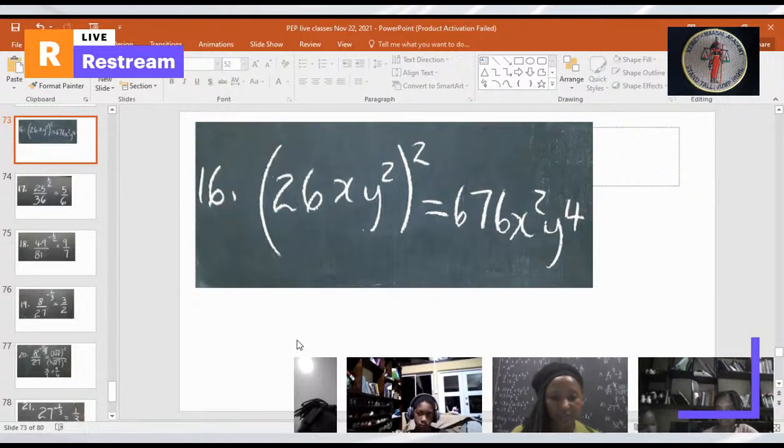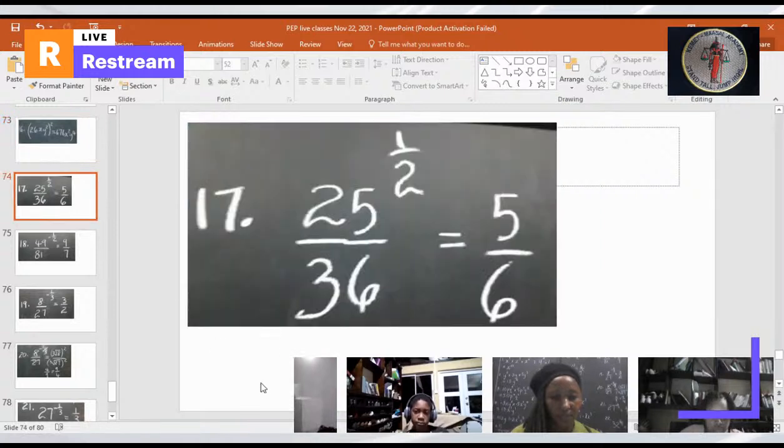No, not times 2. We're raising the x to the power of 2. Okay. And then for the y, that's y squared raised to the power of 2. And then it would equal y to the fourth power. Okay.